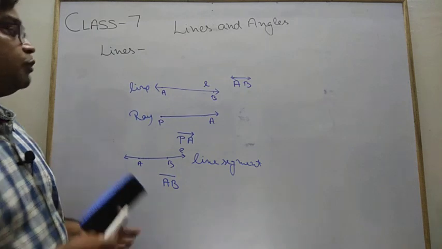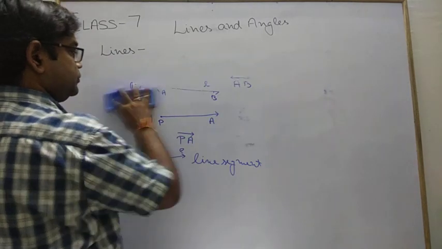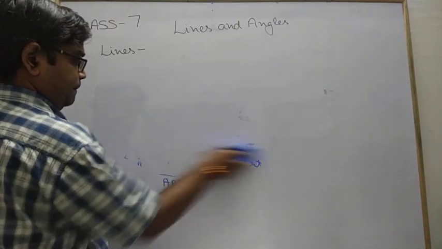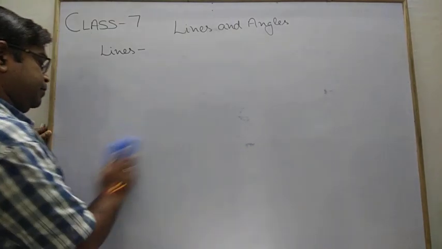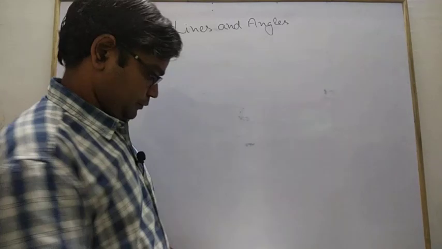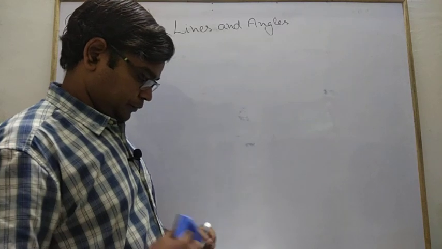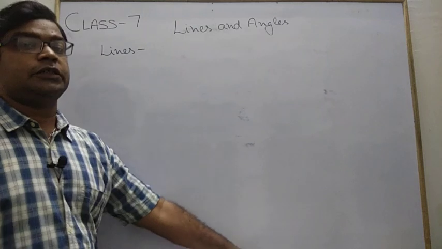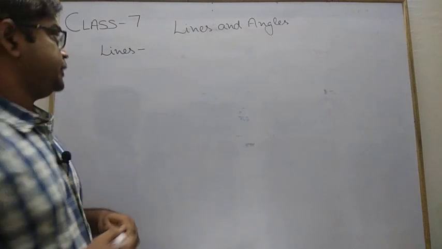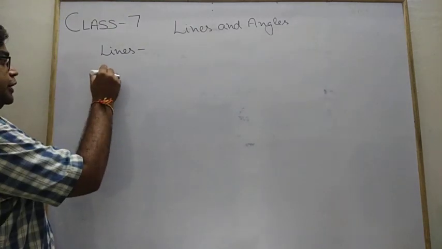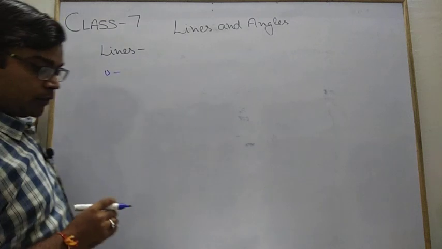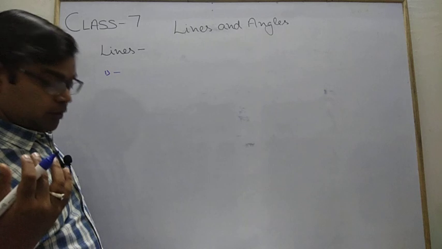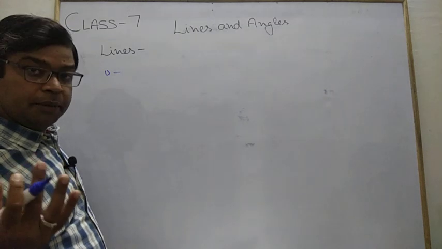Now, what are the properties of lines? The very first property says that we can draw an unlimited number of lines from a given point.